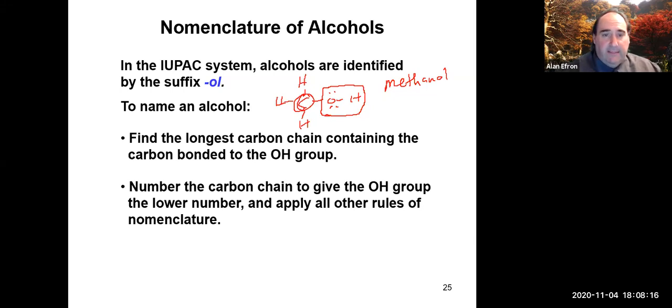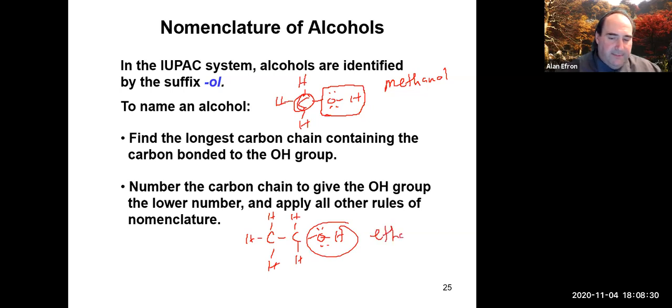Same thing if we had, say, 2 carbons over here. Two carbons is based off of ethane. It has the OH group, so it becomes ethanol. Also, really no need to give a number here because this would be carbon 1, although if I put the OH group over here, this would then be carbon 1. So it's really the same carbon.